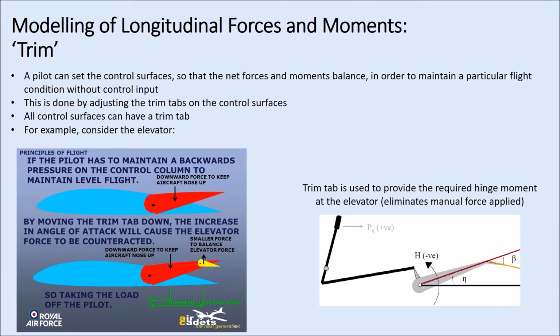So by using the trim tab, you can see in the right hand figure here the elevator angle eta and the trim tab angle, which is called beta in this figure, essentially leads to a particular stick force as experienced in the cockpit by the pilot, and setting the trim tab in the correct place essentially relieves the force on the stick inside the cockpit and maintains the aircraft in a particular flight condition.